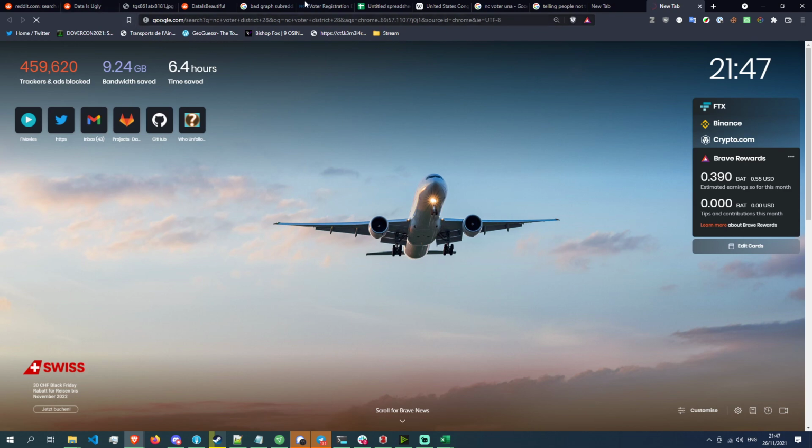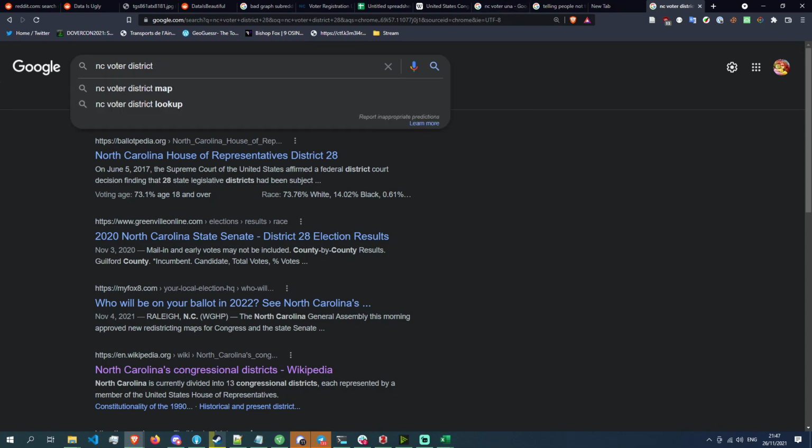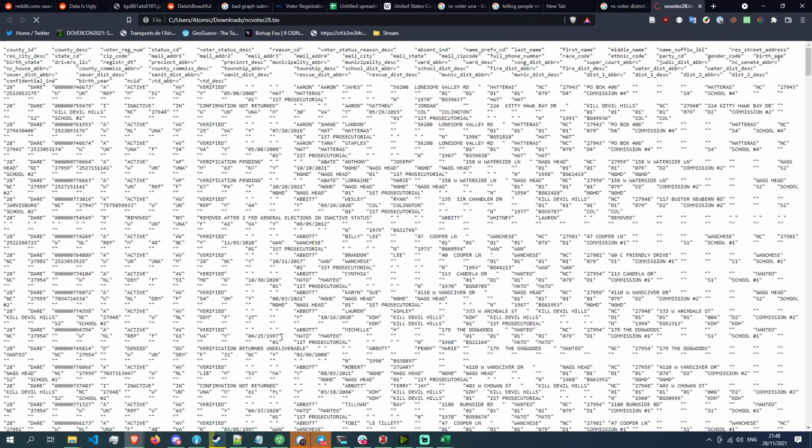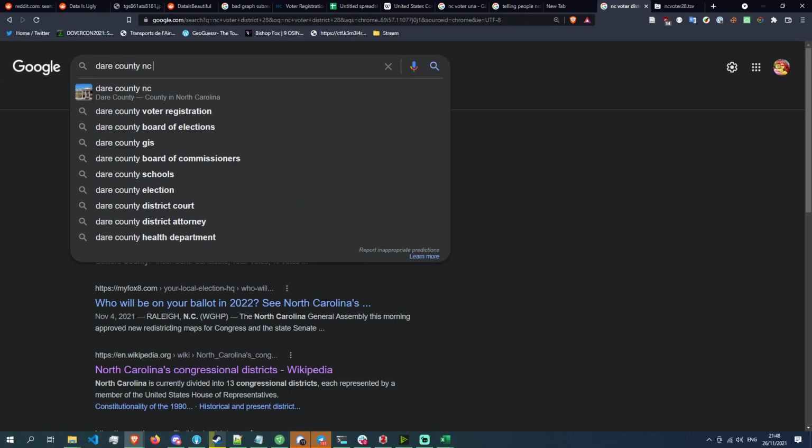There we go. So this is going to be the crowning achievement, I guess. Was it District 28? That's Guilford County. I don't want Guilford. I think I wanted Hunt. NC voter district. I'll just open this here. County ID, Dare County. There we go. So Dare County, NC.